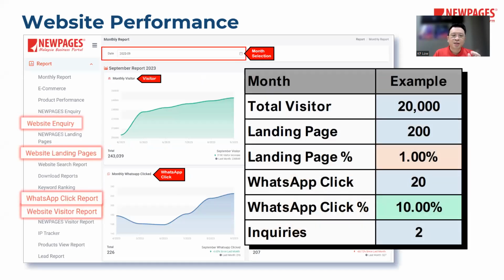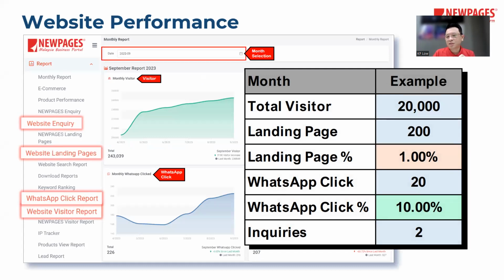Now, let's say you combine these four: visitors, landing, your WhatsApp click and inquiries, then you compute it into an Excel table, right? Let me just give you an example. These are just example data only.